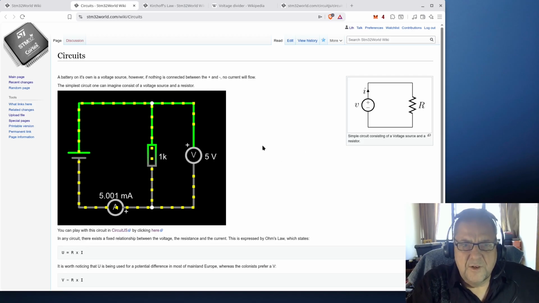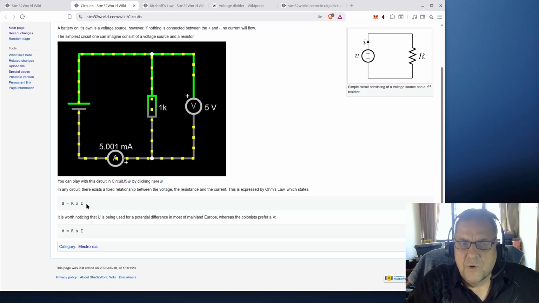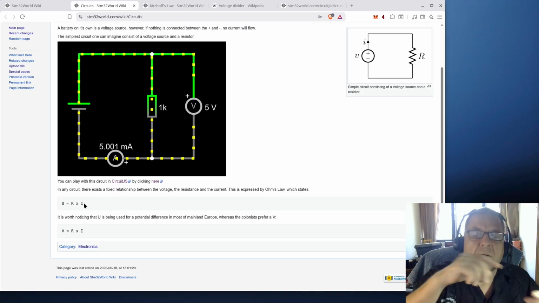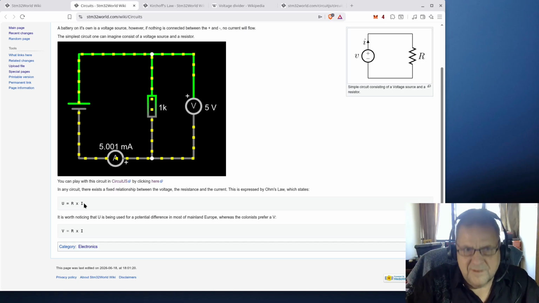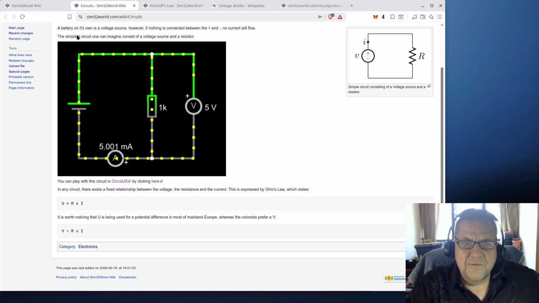Now, in the first video, we talked about a circuit and we talked about Ohm's law, which defines the voltage drop over a resistor with a given current going through it, or the current going through a resistor with a certain voltage across it and a certain resistance.